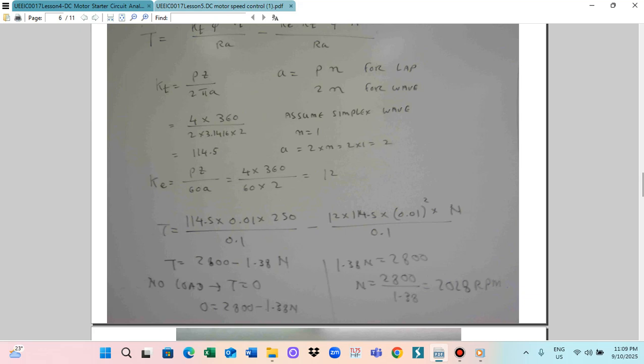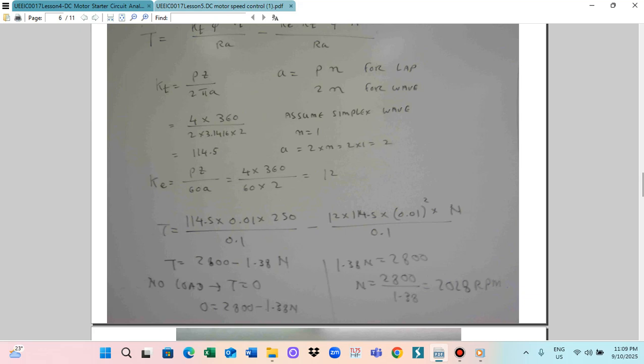So 0.01 multiplied by the terminal voltage V_d, which is given as 250 volts, divided by the armature resistance R_a, which is 0.1. Minus, the KE value is 12, multiplied by the KD value already given as 114.5, multiplied by phi squared, which is 0.01 squared.